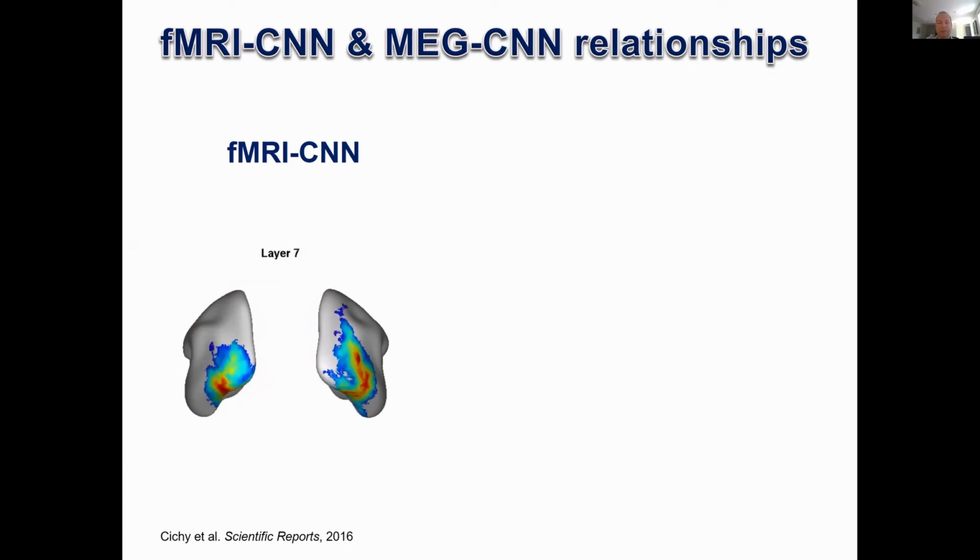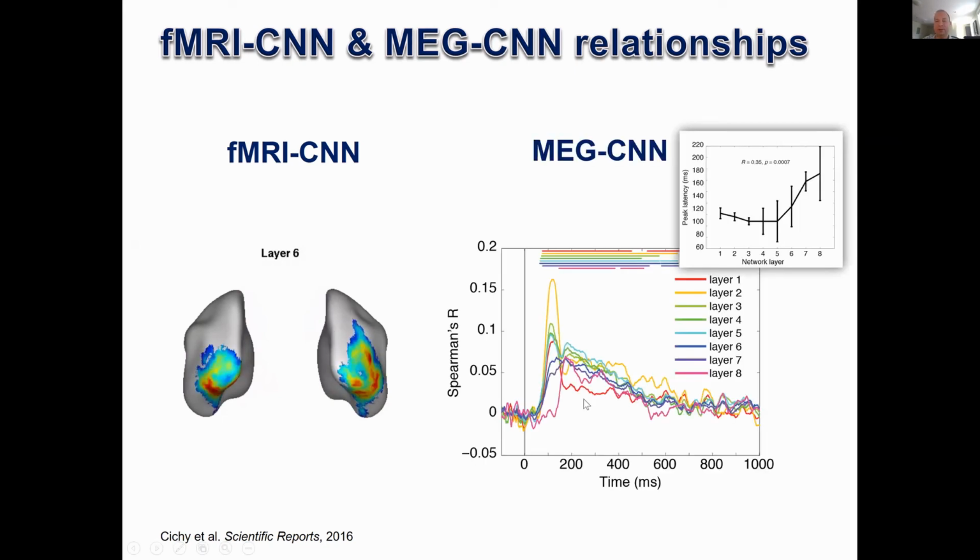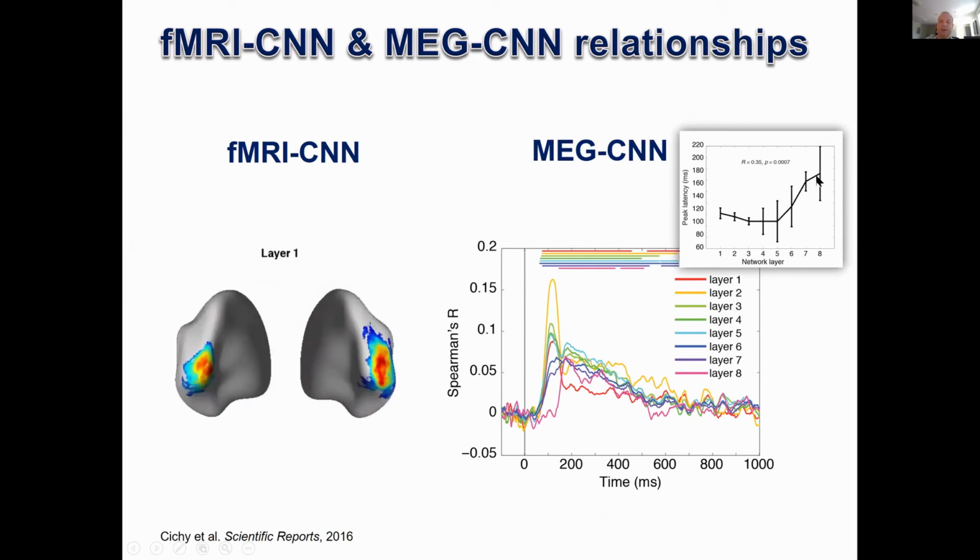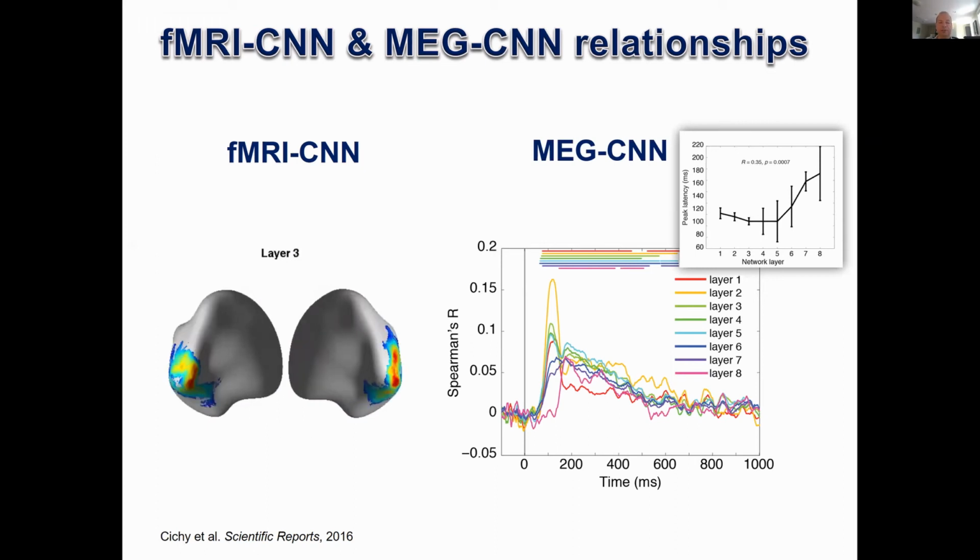So the brain vision has a similarity with machine vision, and we see a similar pattern with MEG and models, meaning that we get different time courses of relation between brain and model layers, and higher layers peak at later times in the visual hierarchy. So higher level signals are coming later and later in the brain, and later in layers in the model. So that's one brief demonstration of how one can create relationships between humans and machines.